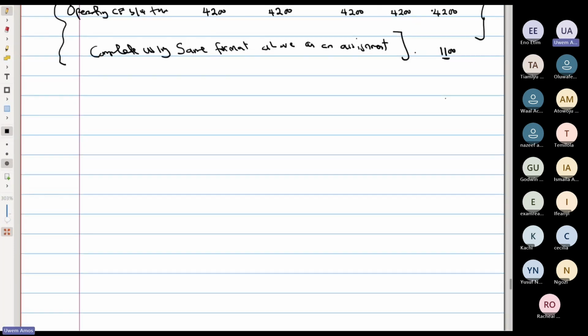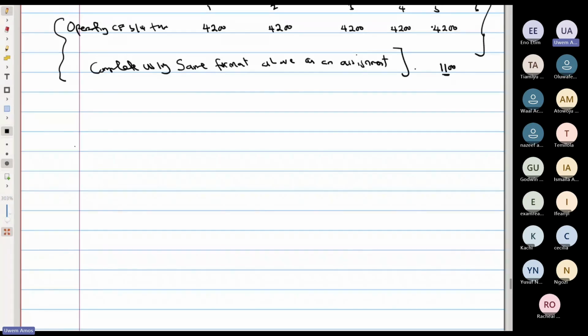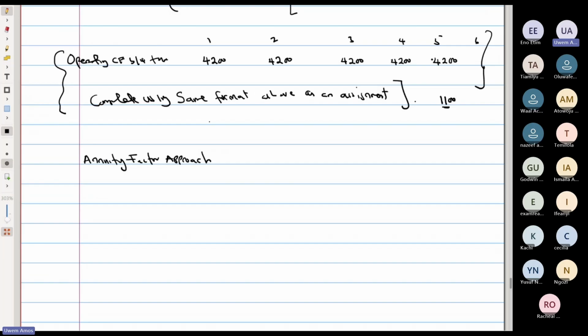All right, so let's use format 2, but we're going to use annuity factor. By annuity factor approach, we just aggregate the values. That's what we mean by annuity factor then. So let's do that. We can present it in this format, or we can present it in a different shape. So we can call the item or description, whatever you want to refer to it.